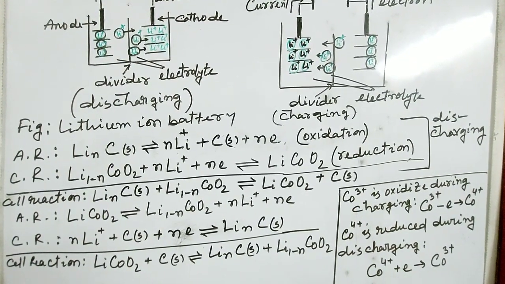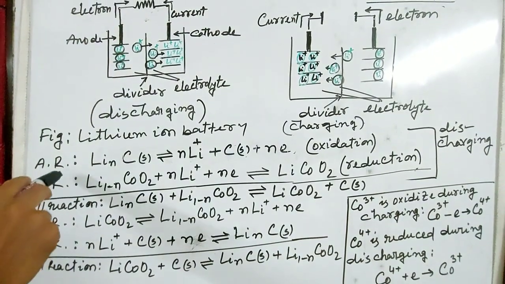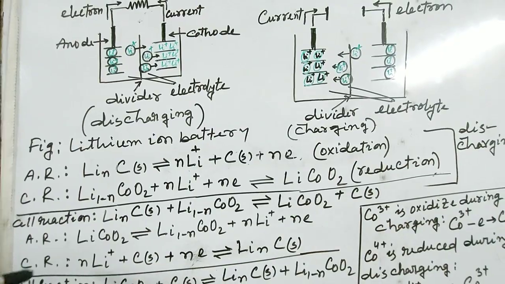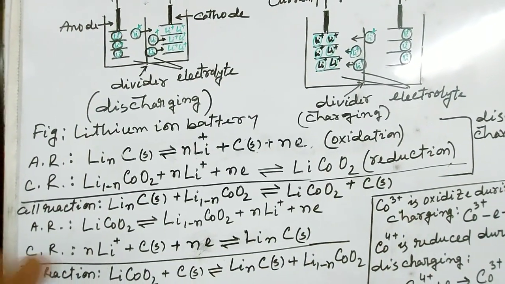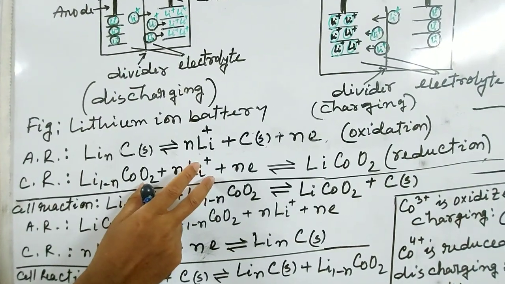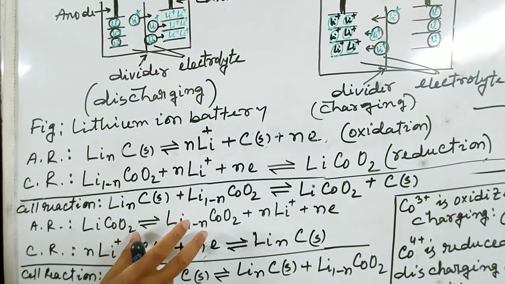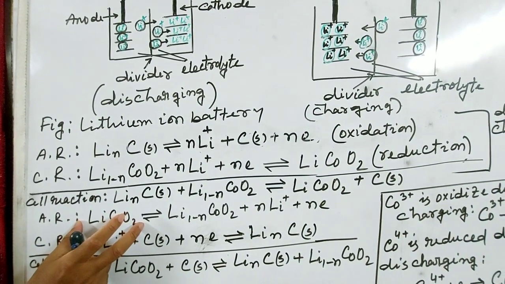And again, I have shown you discharging reactions, but during the charging, the reaction of the cathode will be at the anode and the product will be reactant.